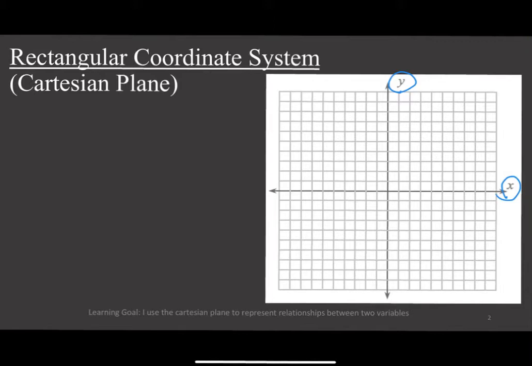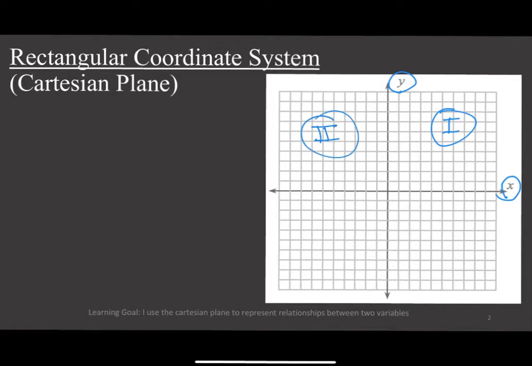And each one of these quadrants has a special name, and in reality it's a pretty conventional name. So this top right quadrant is simply called quadrant 1, and oftentimes you'll see them denoted with Roman numerals. As we go counterclockwise, our next quadrant on the top left would be quadrant number 2.